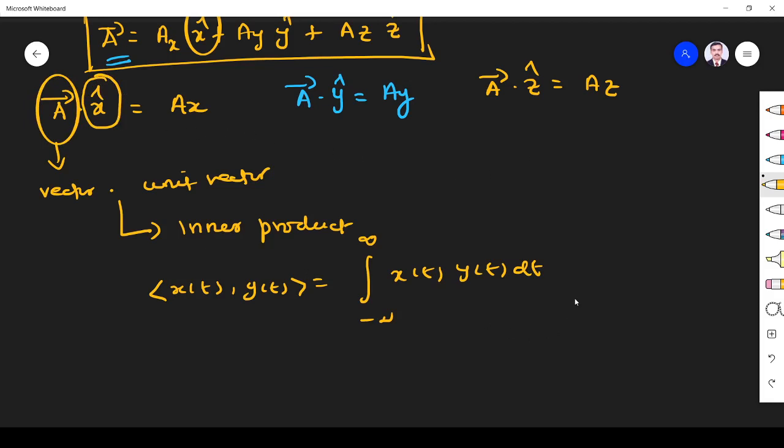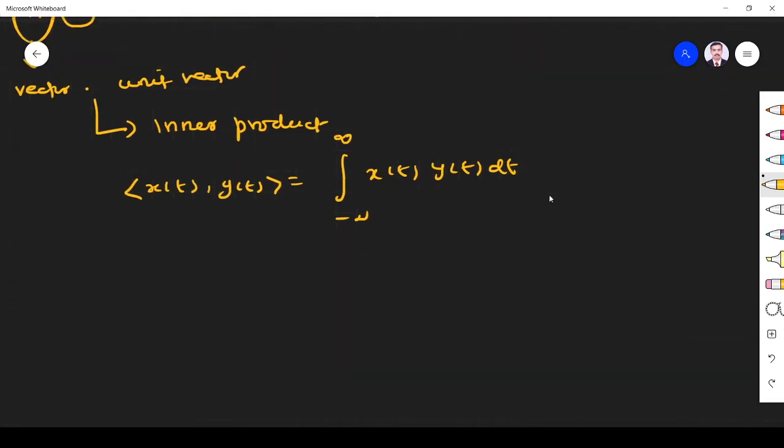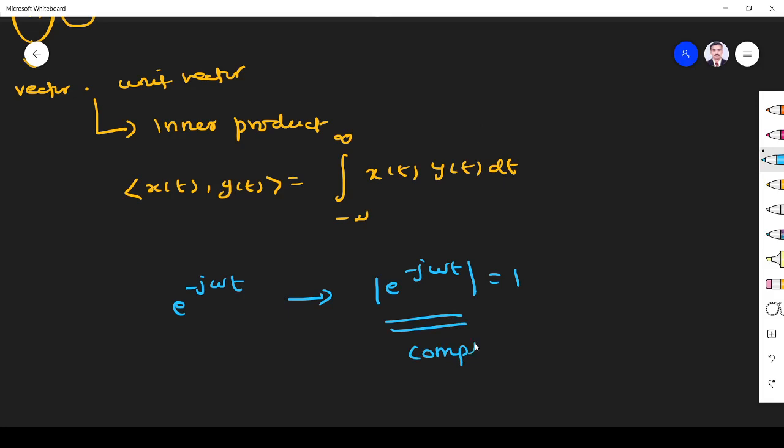For functions, what is the unit vector or unit function? That's where the complex exponential comes into play. What is that? E power minus j omega t. What is the magnitude? The magnitude of e power minus j omega t is always 1. So that's why we choose the complex exponential as the function.